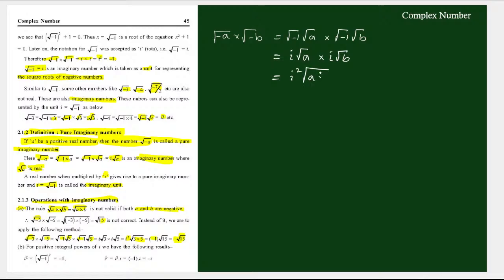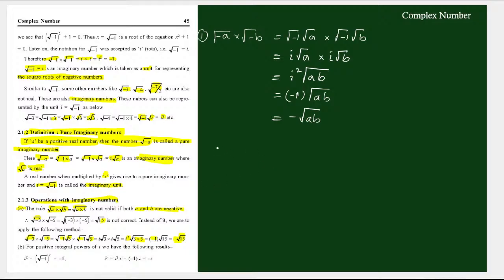So a into b is ab, and i square is nothing but minus 1. This will give you minus root over ab. The negative will be outside, not inside the root. This is your rule number 1 when dealing with a negative square root.